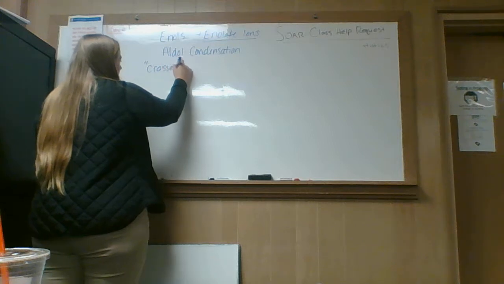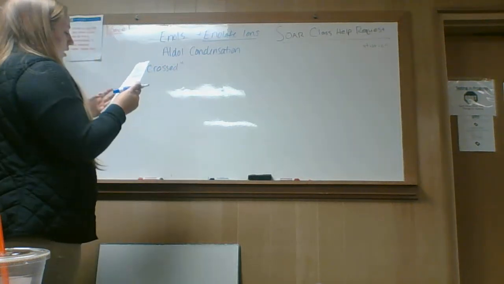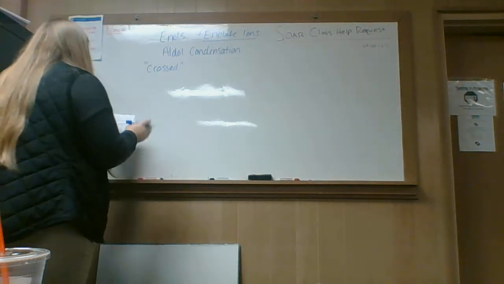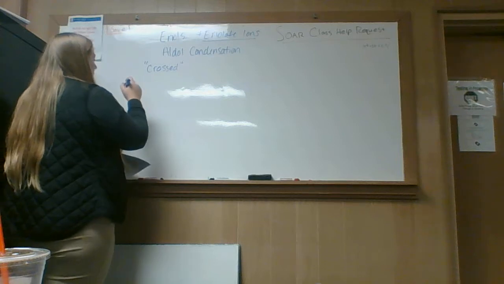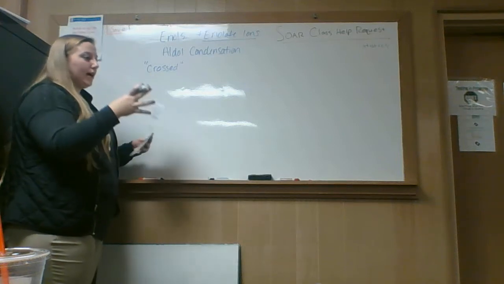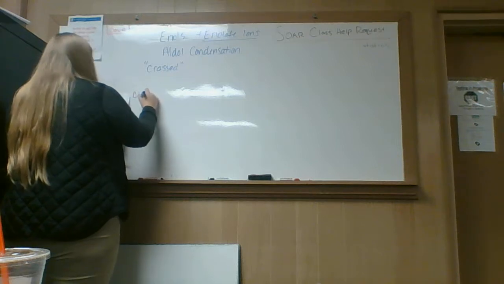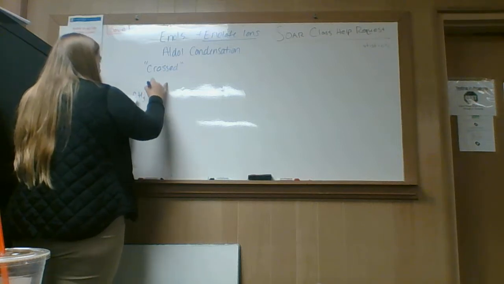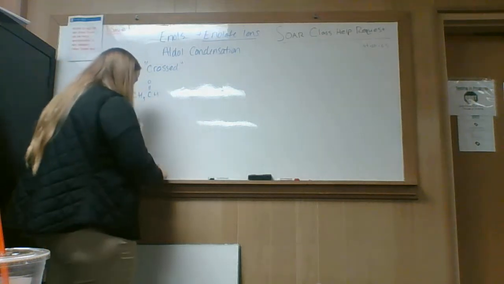Crossed aldol condensation. In the last part, I talked about how you can pretty much react any type of aldehyde or ketone together. The only issue with that is you run into some uncertainties. Here's a good example, and I'm going to use two different colors.